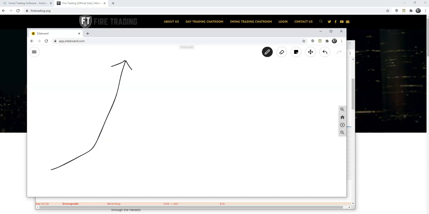Now let's focus on downside movements. Downside movements tend to be very choppy. The reason for that is that every time the stock starts to pull back, those shorts are trying to cover on any little pullback. Say, for example, a stock gaps down because of negative news.